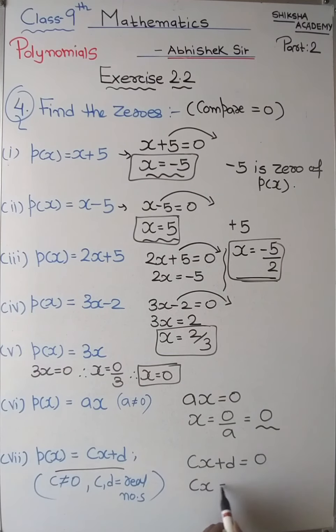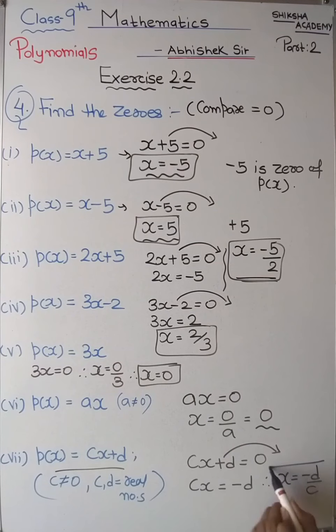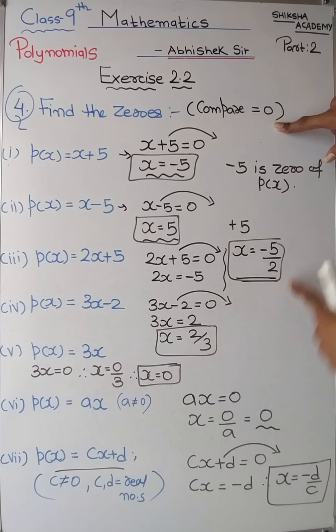Cx equals plus d will go on this side, becomes minus d. So finally x equals minus d upon c. So this is our answer. This is how you will solve find the zeros. Compare it with 0, find the value of the different variables. Clear? So this is all about this exercise.